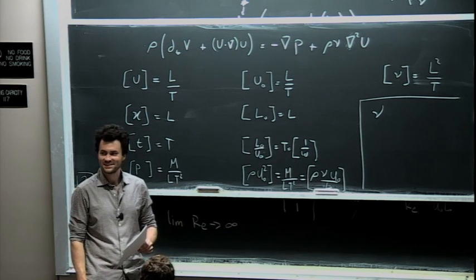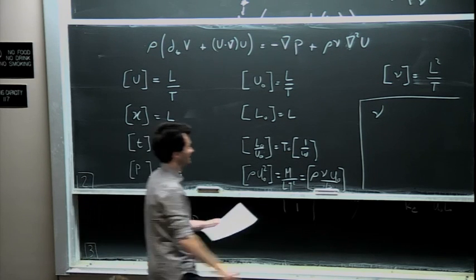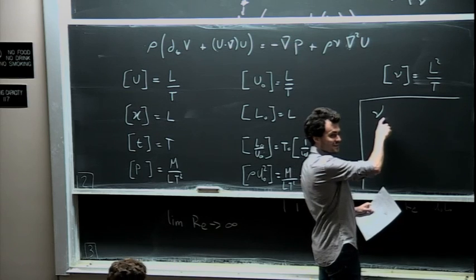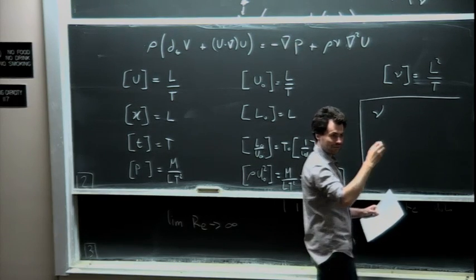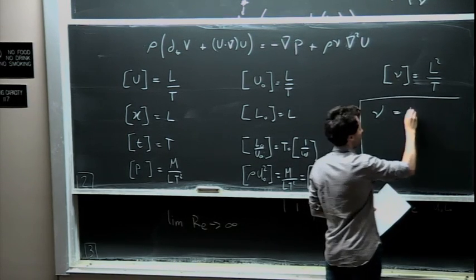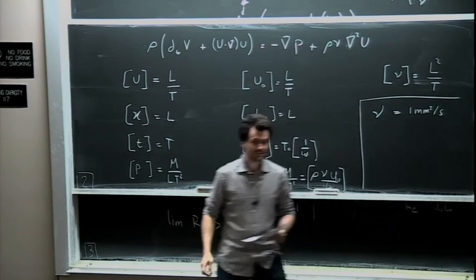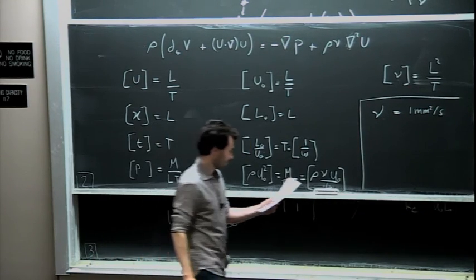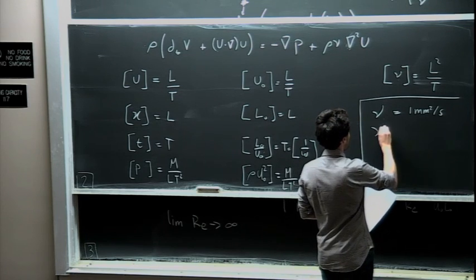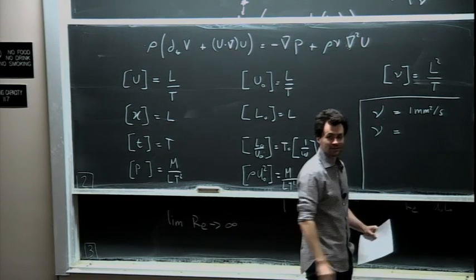No? Okay. The kinematic viscosity has units of a diffusion constant. And it's really nice in water because it's 1 millimeter squared per second. It's a useful number to remember. Anybody know the kinematic viscosity of air?